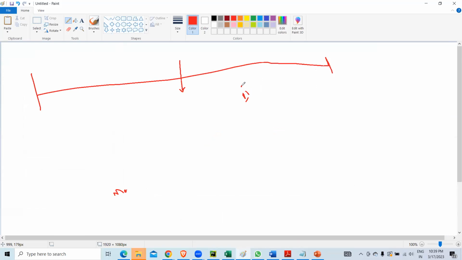Here you have 5, so this is your minimum value, this is your maximum value, and this is your median value. Now if you take this half as one data set and find its middle value, and find the middle value of the other half as well.